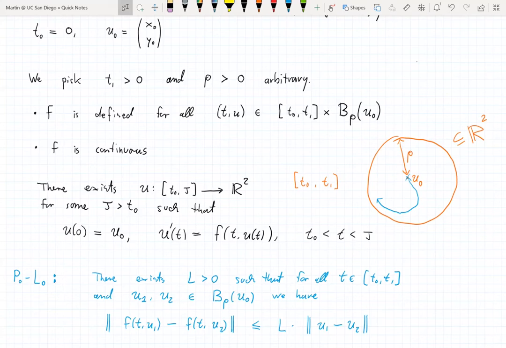But anyways, the Peano existence theorem does not guarantee us the uniqueness of the solution, and for that we need the Picard-Lindelöf theorem.